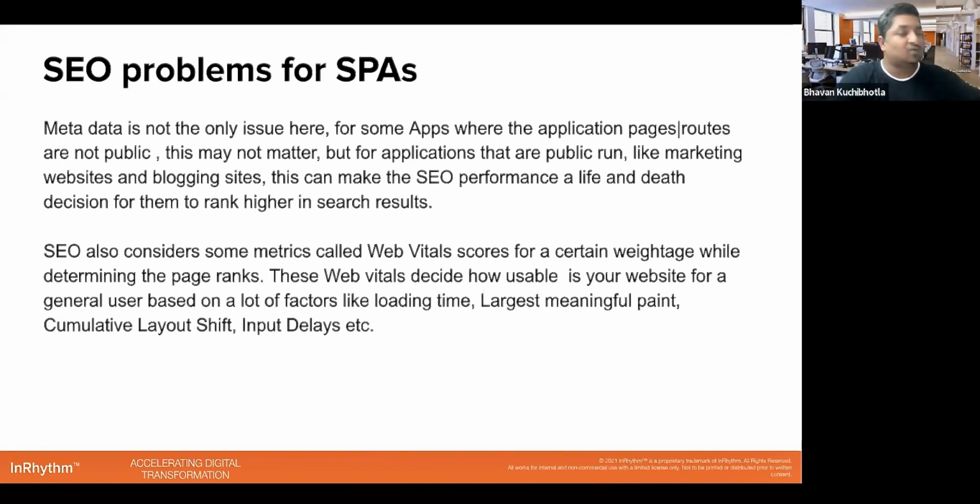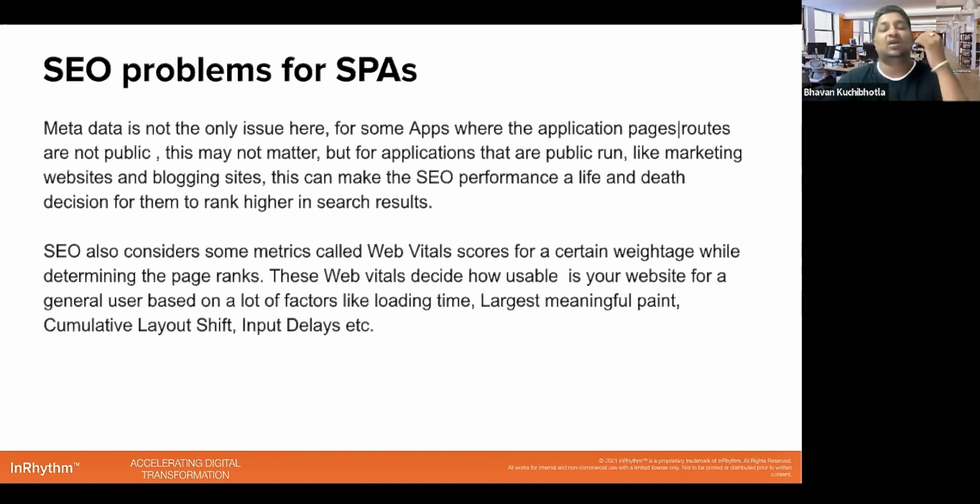Along with that, SEO also considers, as we spoke earlier, web vitals. Web vitals have certain weightage. We don't publicly know the exact weightage, but they have certain weightage while calculating the page rank, at least at Google. These are generally used to calculate how usable the website is.